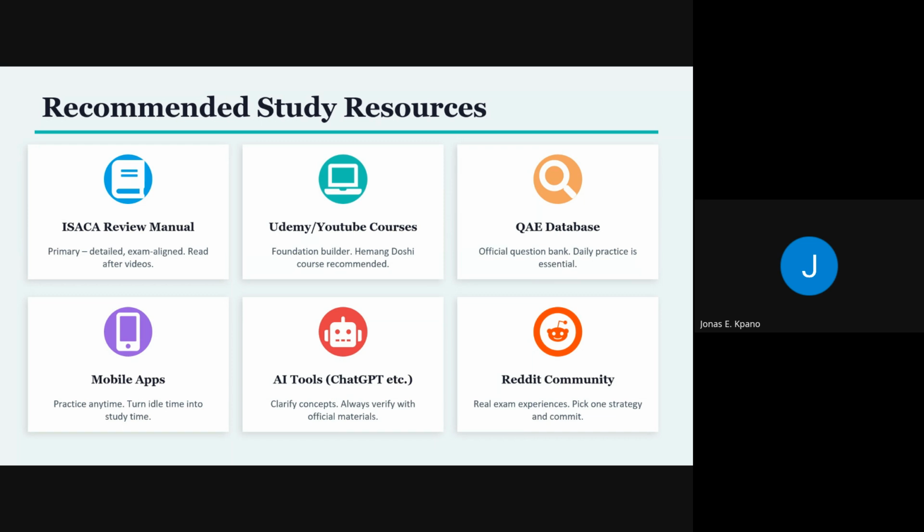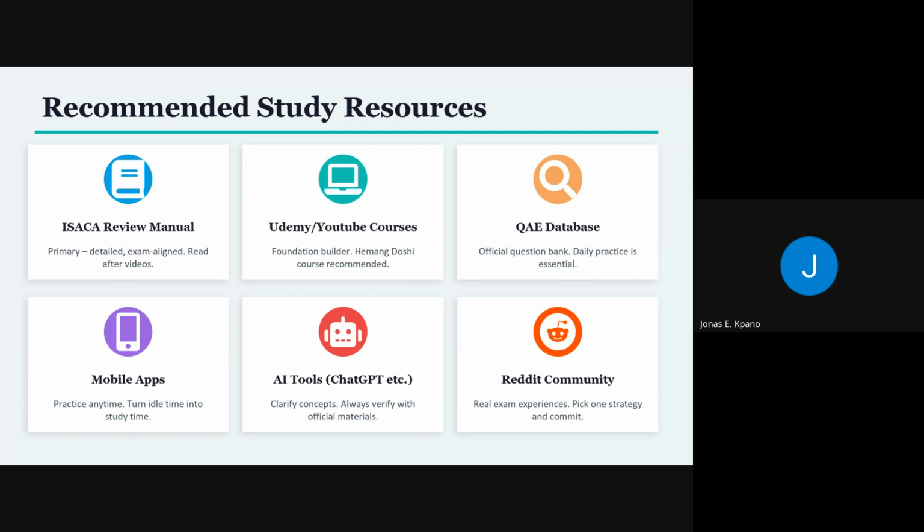Some of these apps are good, some may not be too good, so it's up to you to go through them and see the ones that can help you. One thing about these apps is that they can turn idle time into study time. Maybe when you are in a cab going somewhere, you can just answer questions on the app. You understand?